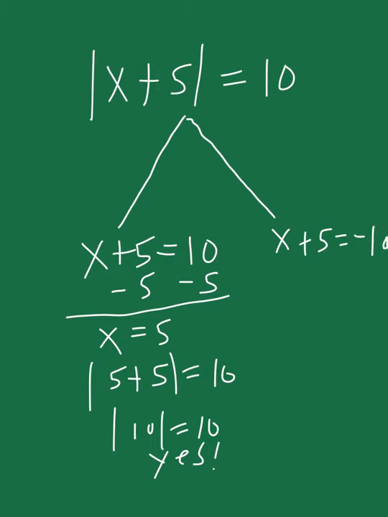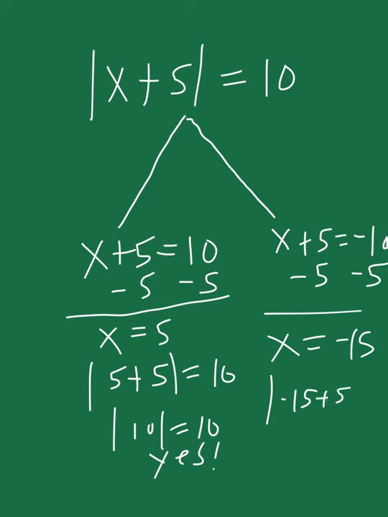All right, we're going to take away 5 from both sides. So x is equal to negative 15. Let's check. Does the absolute value of negative 15 plus 5 equal 10?